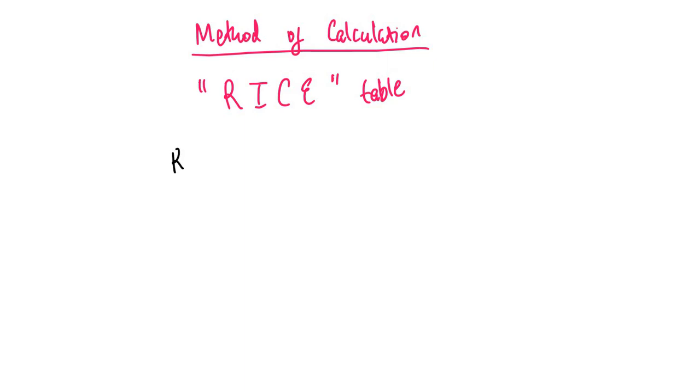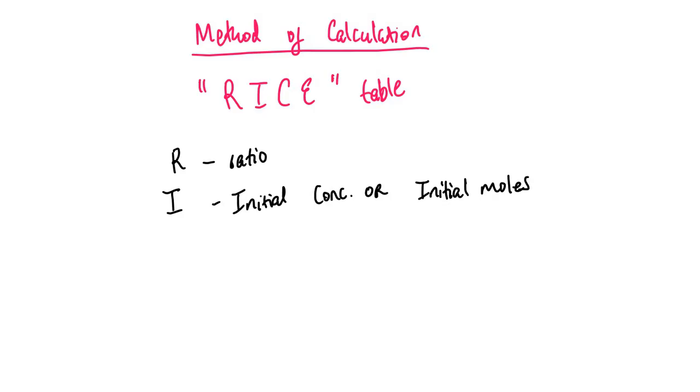Remember we said R would stand for the ratio, I would stand for initial concentration, or you can also say initial moles. If you want to work in moles, you can say initial moles. Okay, and then C is gonna be change, and then E is gonna be equilibrium concentration.